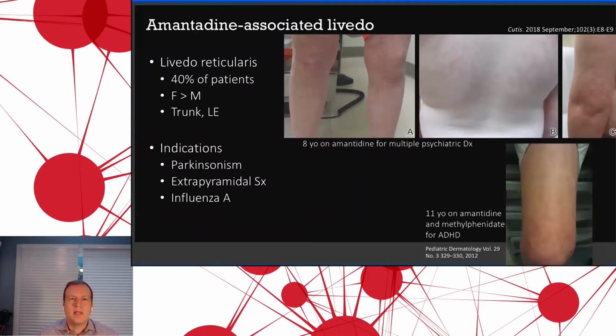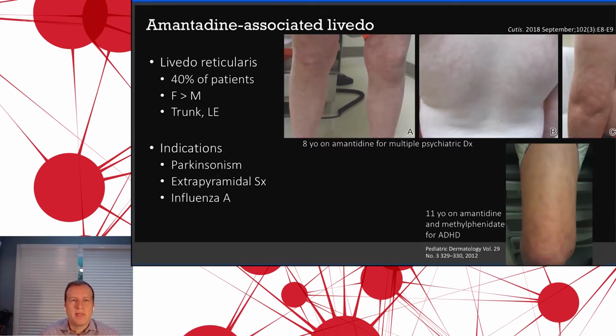And there is even drug-induced livedo. So amantadine, a drug that we typically think of as being used for Parkinsonism, is increasingly being used off-label in the pediatric setting for neuropsychiatric conditions. It's thought that almost 40% of patients who receive amantadine will actually develop a livedo pattern to their skin. And so this is something to look out for.